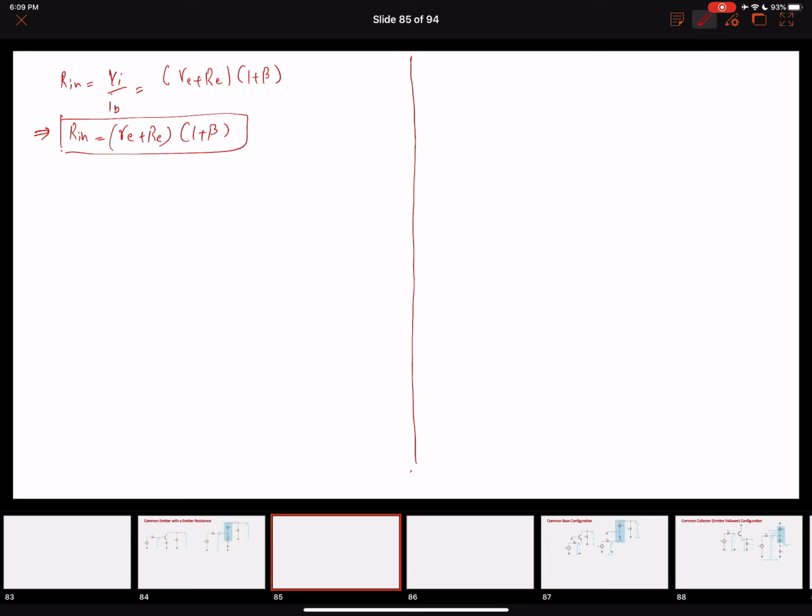Interestingly, what we see from this equation is that the input resistance, let me write this thing down as well: input resistance looking into the base is beta plus 1 times the total resistance in the emitter.